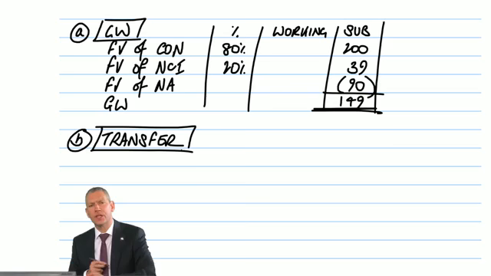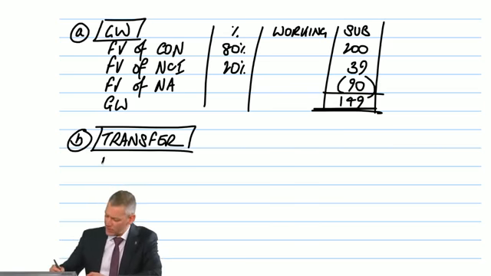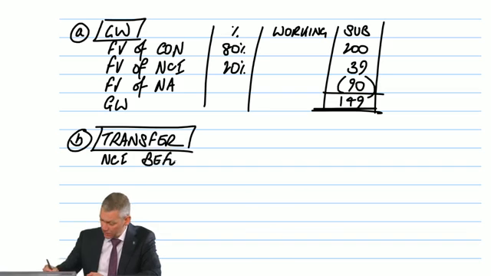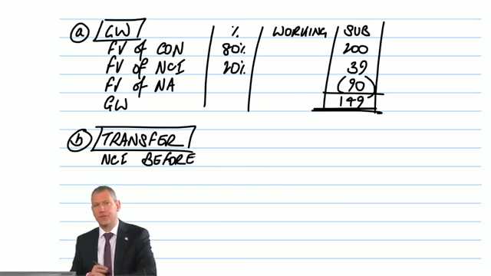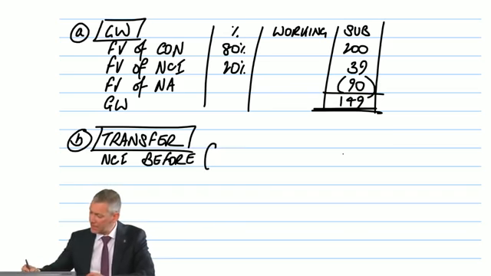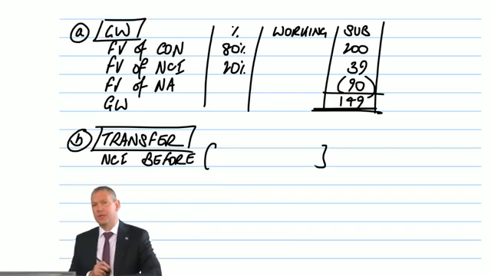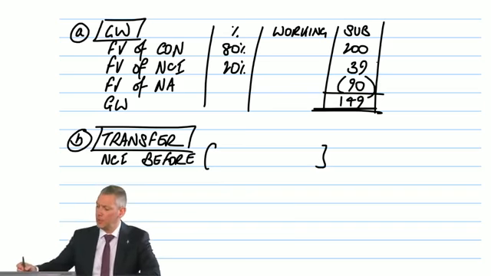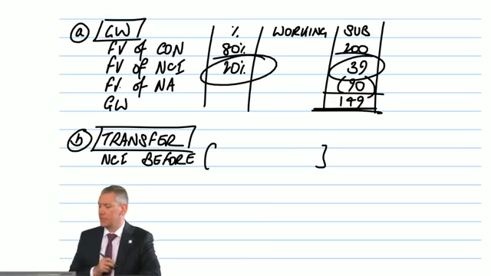So now we do the transfer where we measure the NCI at the year end, in the morning before the transfer. Any NCI is always measured by the same process, which is roll forward. So 39 plus 20% of the growth.